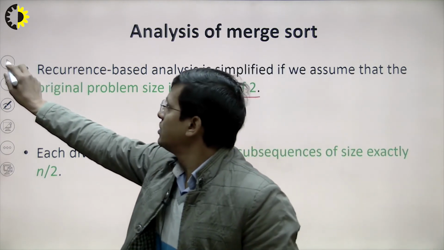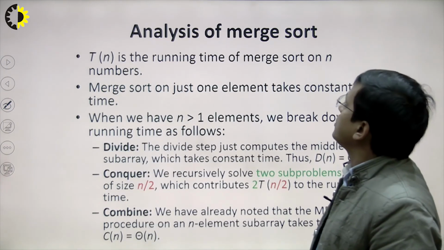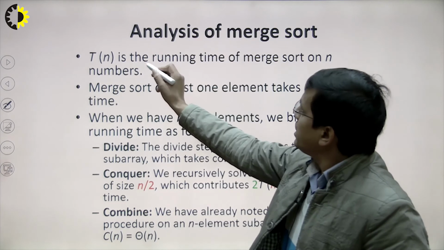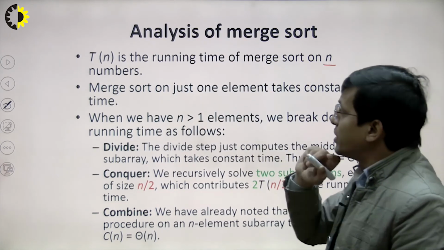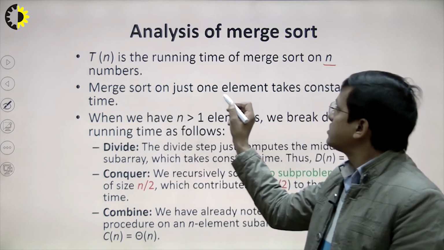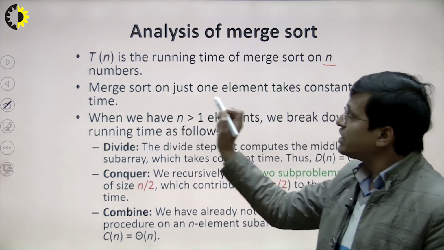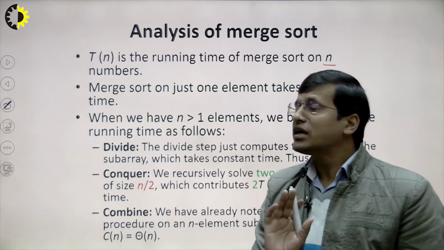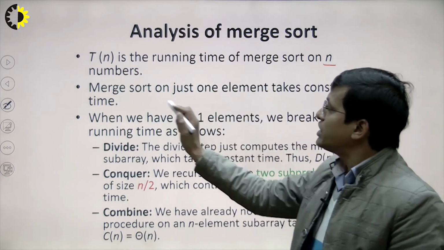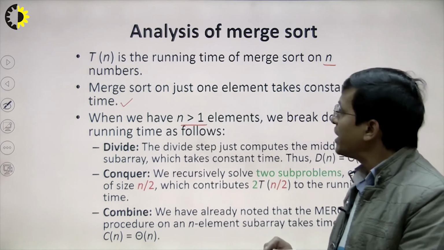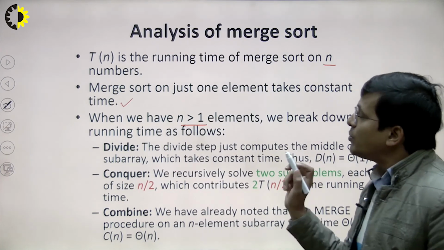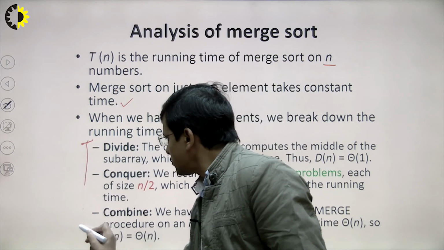Now we see the analysis of merge sort. So T of n represents the running time of merge sort on n elements, right? And for merge sort, one element takes constant time, because if we have one single element, it will take only constant time, right? When n is greater than 1, then we have to apply these steps.